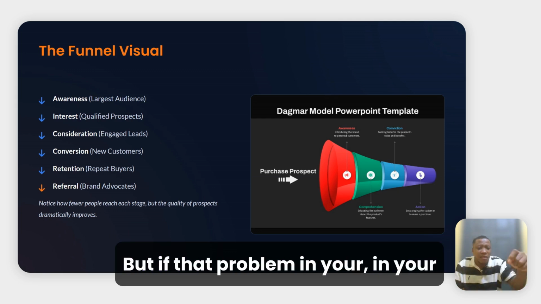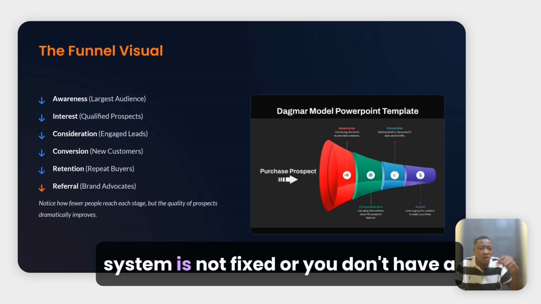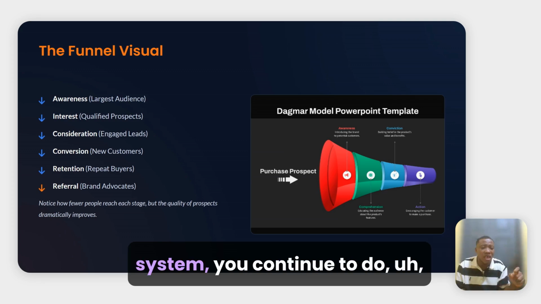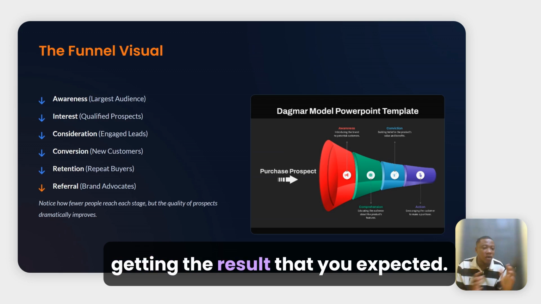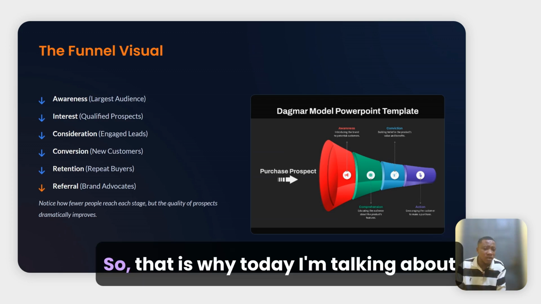But if that problem in your system is not fixed, you continue to do marketing and you are not going to get the result that you expected. So that is why today I'm talking about funnels.